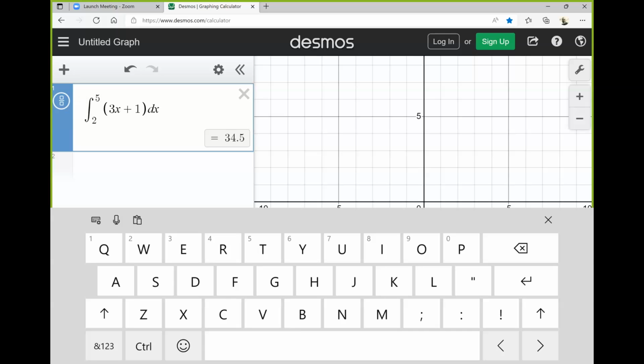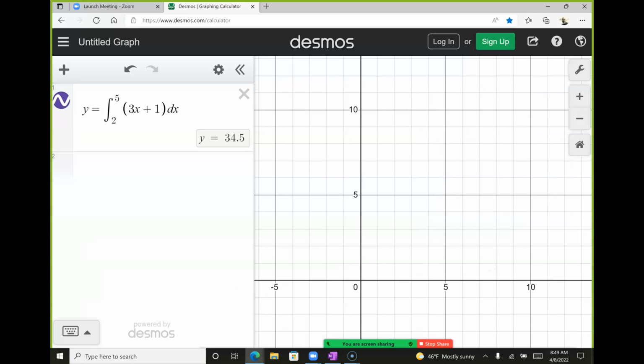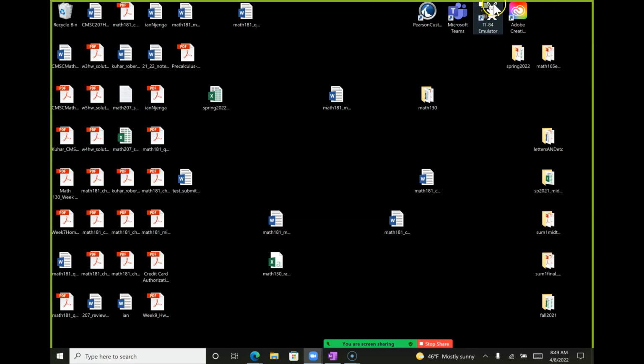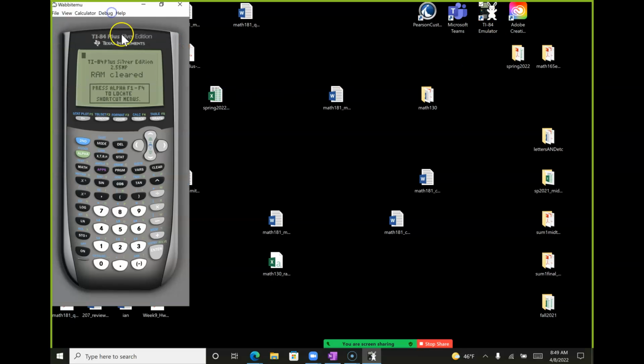If I make it y equals, I think I get a nice picture. Do I? No. But on our calculators, so that we definitely get this one right on our Chapter 5 test and on our final, I go into y equals and I put in my function, 3x plus 1.